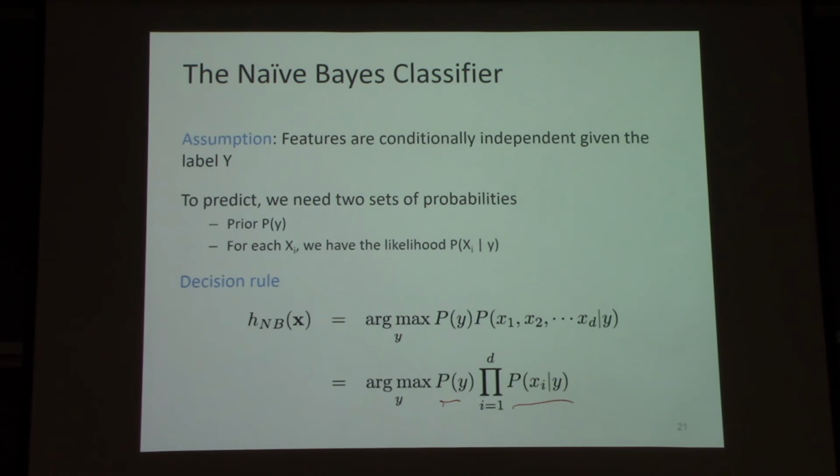Spam detectors, for example. The first spam detectors were often naive Bayes classifiers. Today spam detectors are way more complicated, but this is such an easy classifier to train that people ended up using it, and it worked shockingly well.